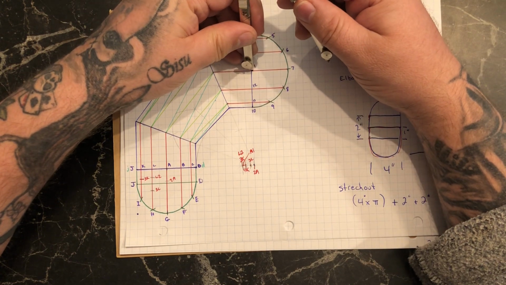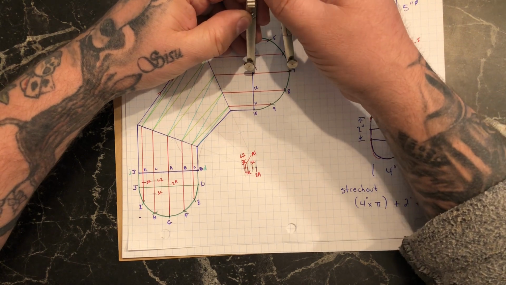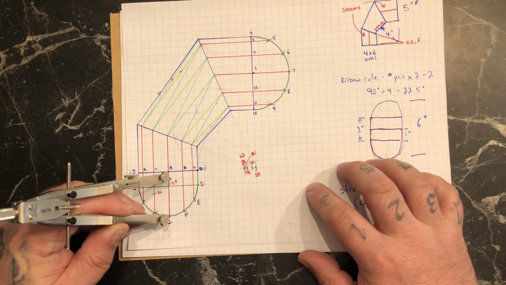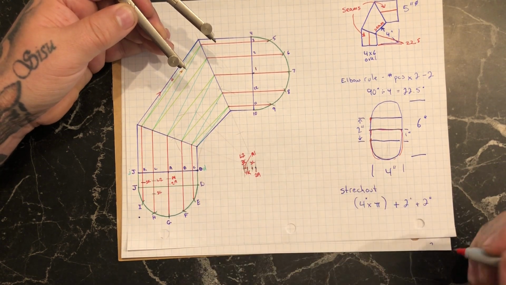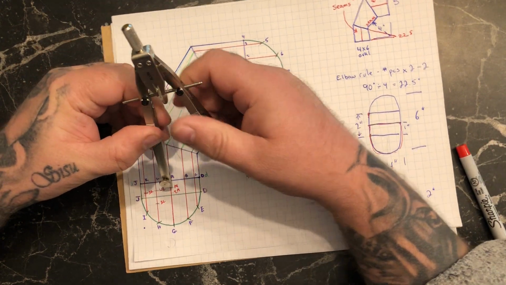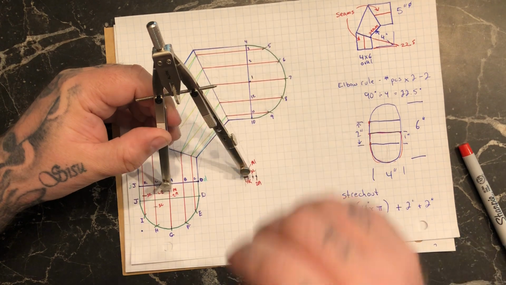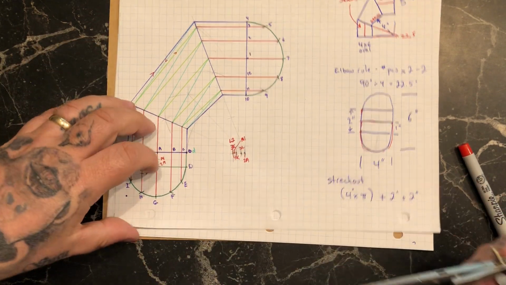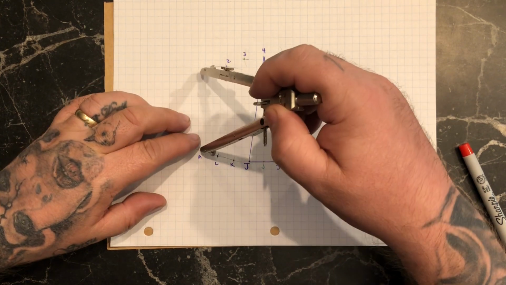I'm going to use the 1, and subtract it off of there. A1. Take my A1 to A1. A up to 1.